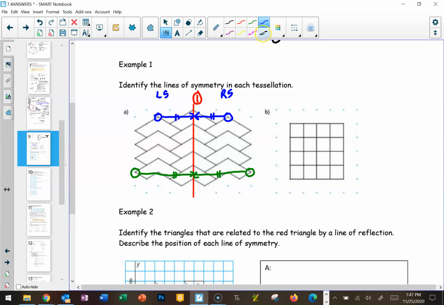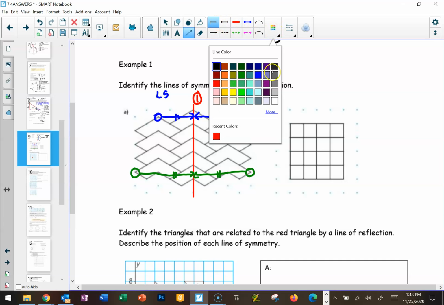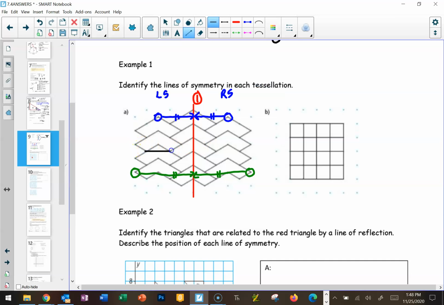Now I'm just going to use a counter example here using a different color line. I'll use a purple color line, and then I'm going to try and draw one through the middle going this way.